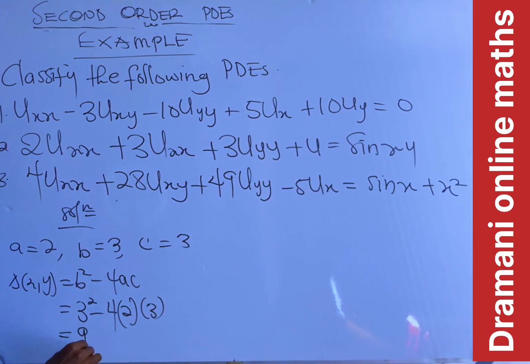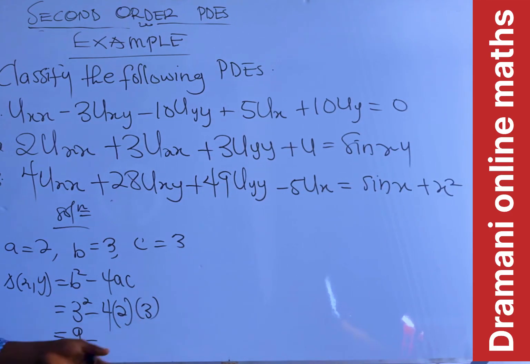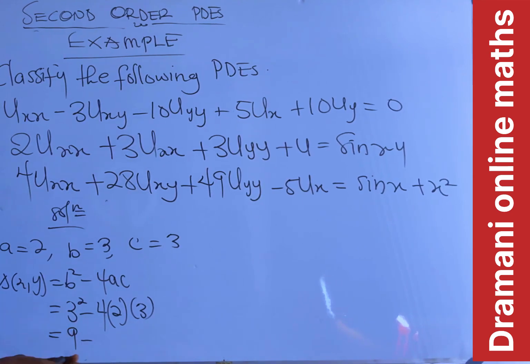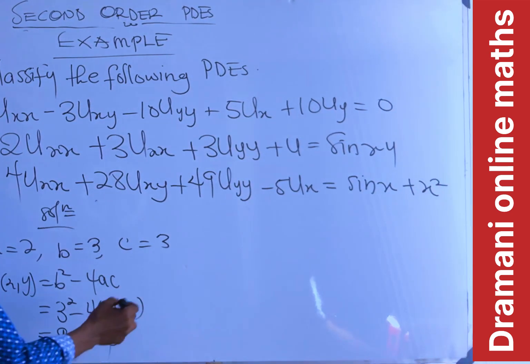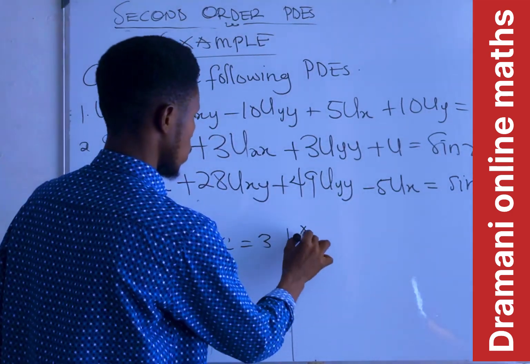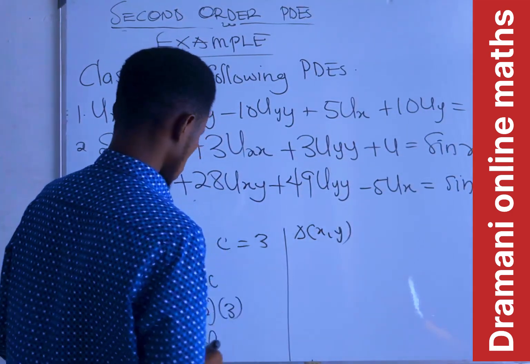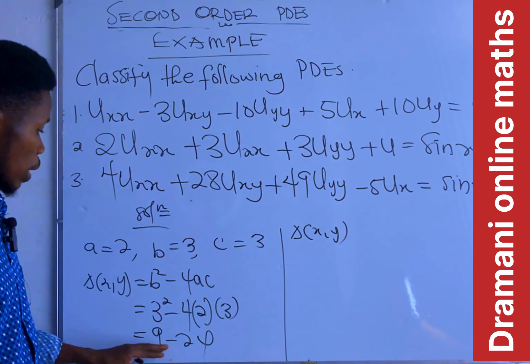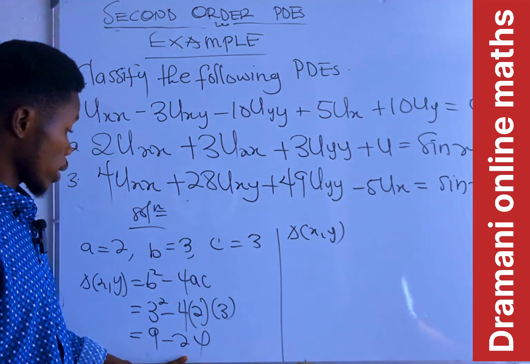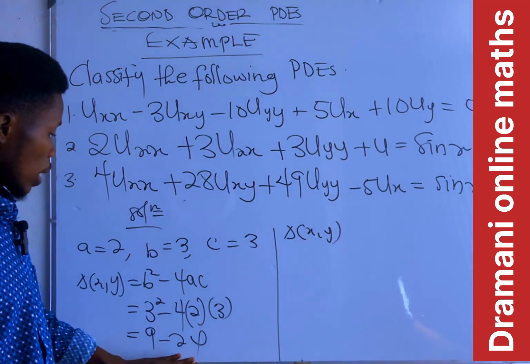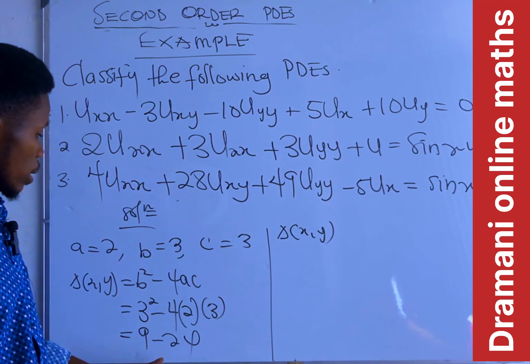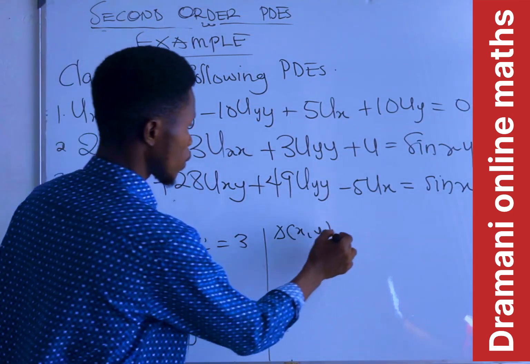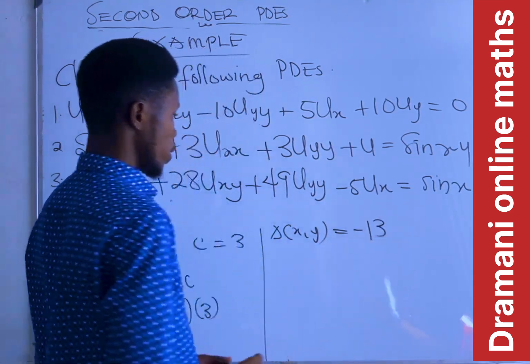So we have 9 minus 2 times 3 is 6. 6 times 4 is 24. Is that okay? Yes. And 9 minus 24, what answer are you going to get? You are going to get a negative answer. Is that okay? Which will be negative 13. Yeah. You have negative 13.